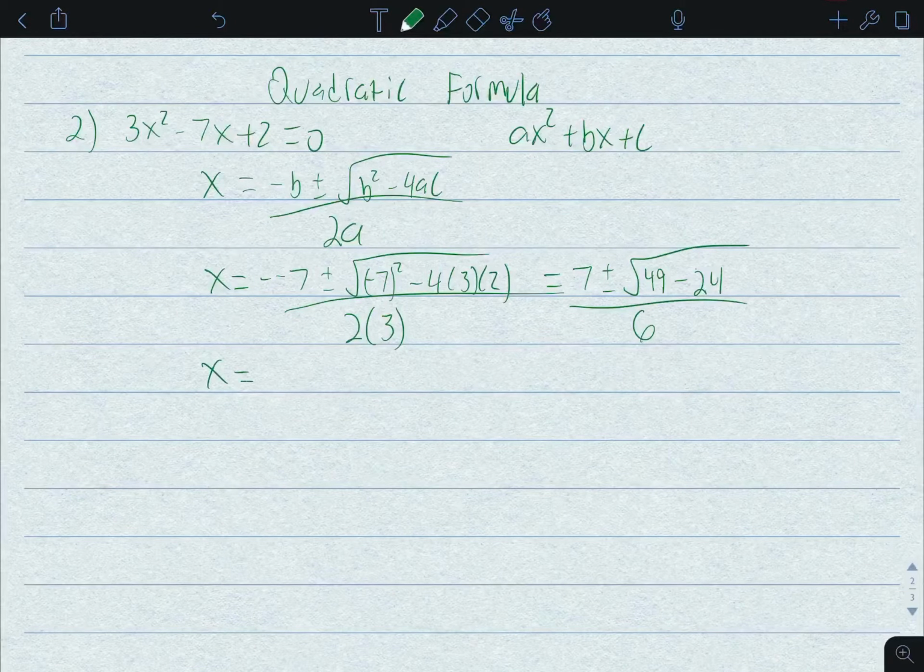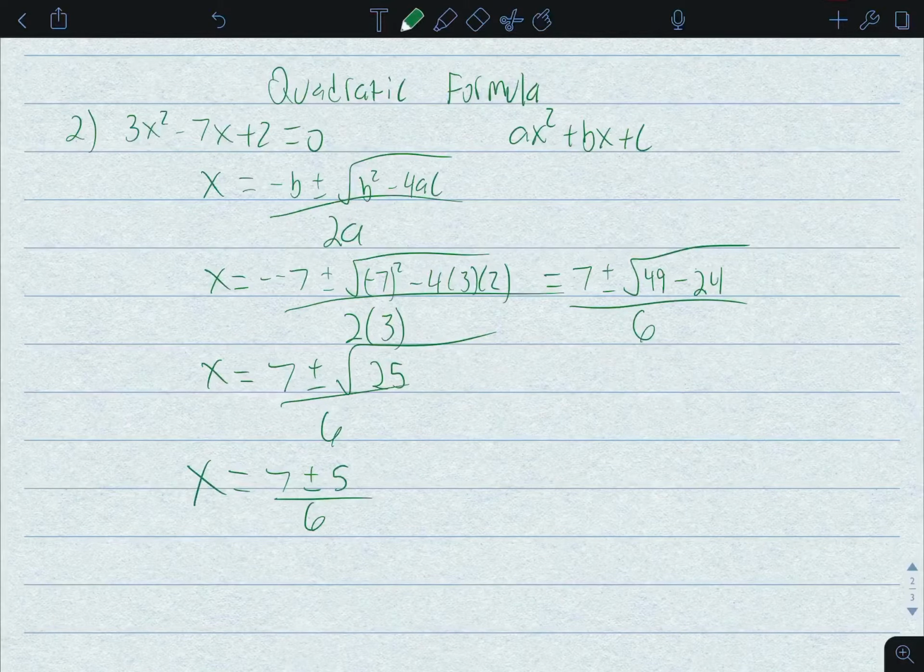X equals 7 plus or minus 49 minus 24. 49 minus 24, 15? Nope, 25. 7 plus or minus the square root of 25 divided by 6 is equal to 7 plus or minus 5 divided by 6.